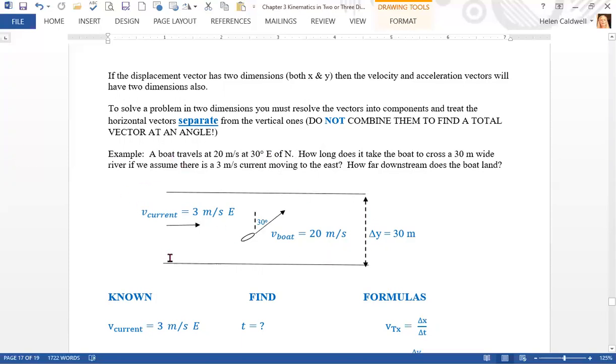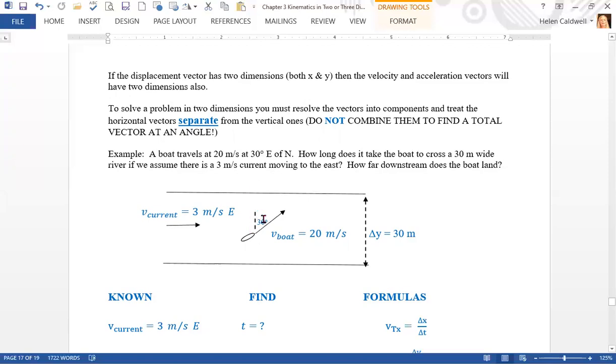So we have a little drawing. The boat is going, and you'll need to be provided with a picture. So here's my boat. This is the boat's velocity, this black arrow. It's 20 meters per second at an angle of 30 degrees east of north. So the dashed line is pointing north. North is always at the top of the page unless you're told otherwise.